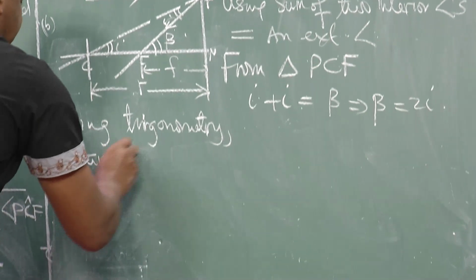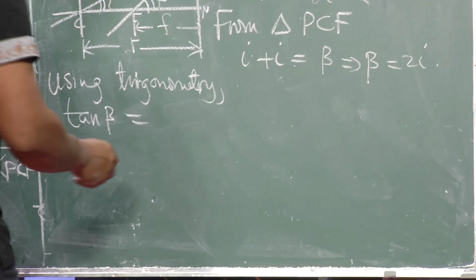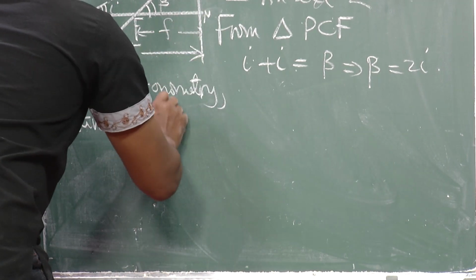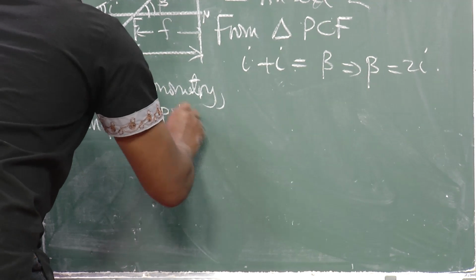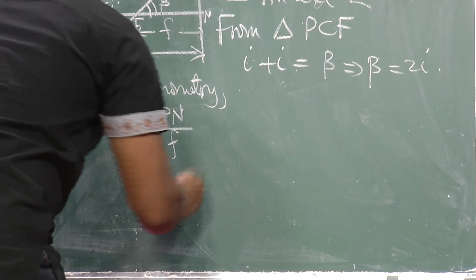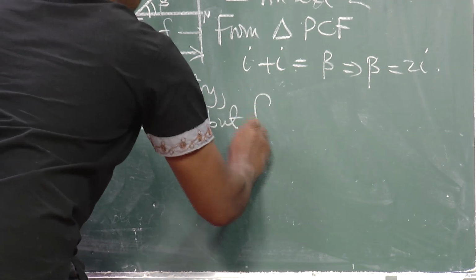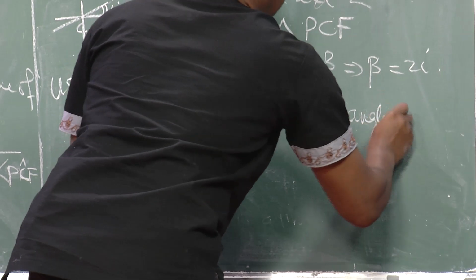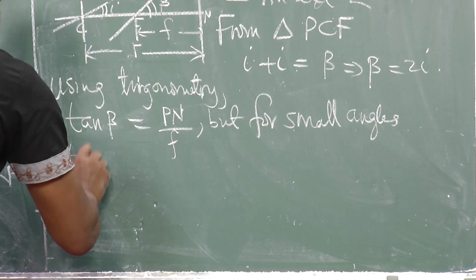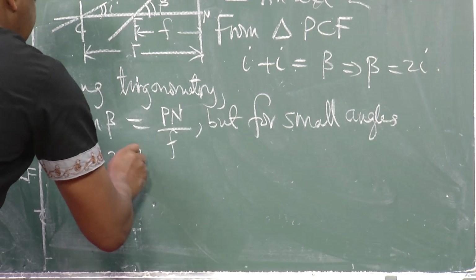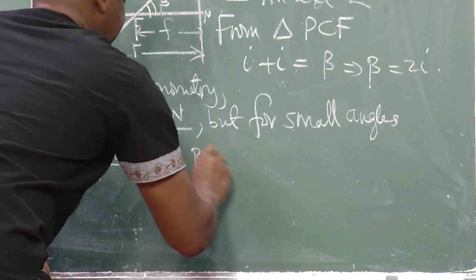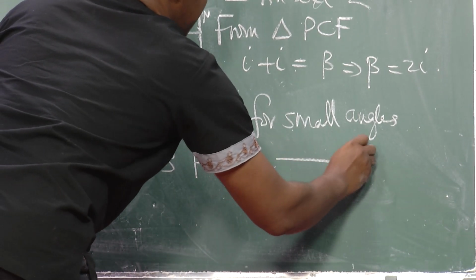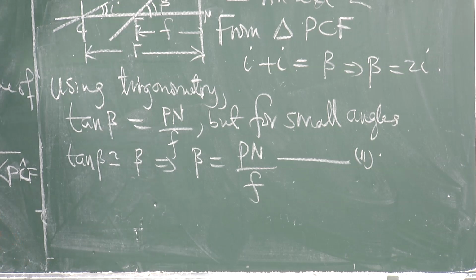The tan of beta from the triangle will be equal to opposite, which is Pn, over the adjacent, which is F. But for small angles, we know that tan of beta is approximately beta, implying therefore that beta is Pn over F. This can be equation 2.